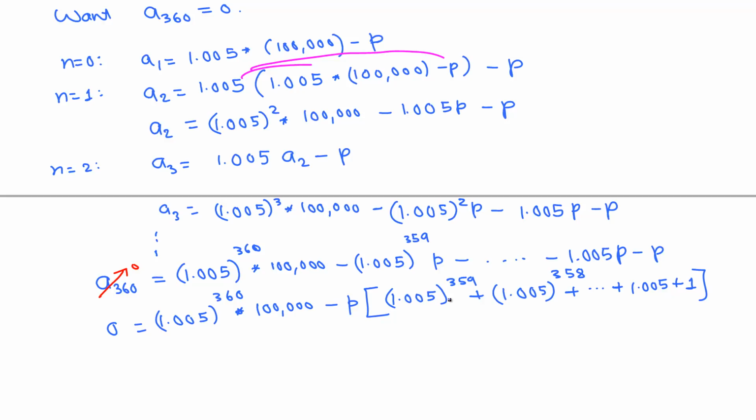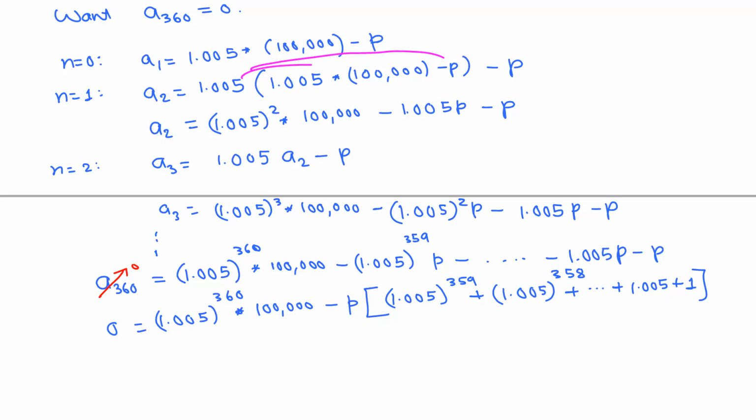So we have a geometric series here. If you multiply 1 by 1.005, you get 1.005, 1.005 squared, cubed, fourth, fifth, all the way to 359. We can find the sum of this geometric series.